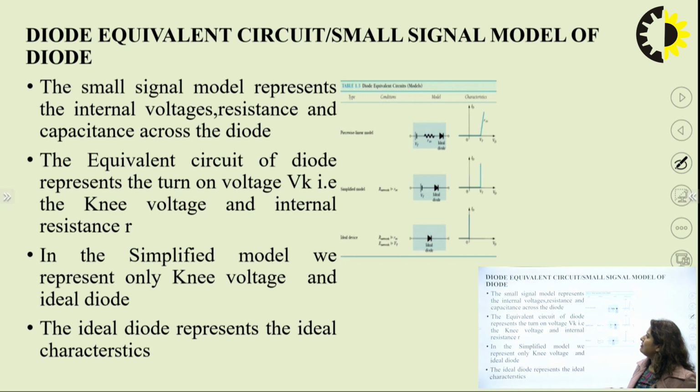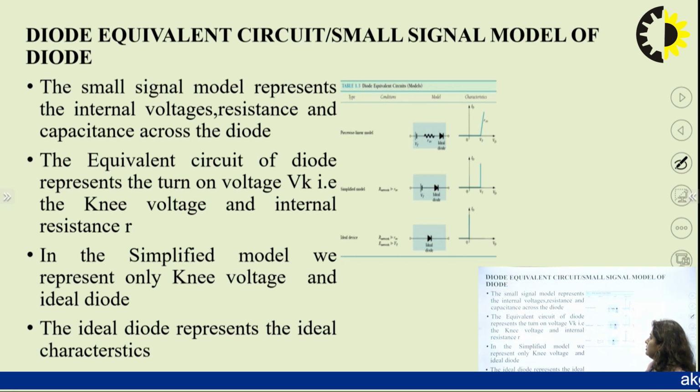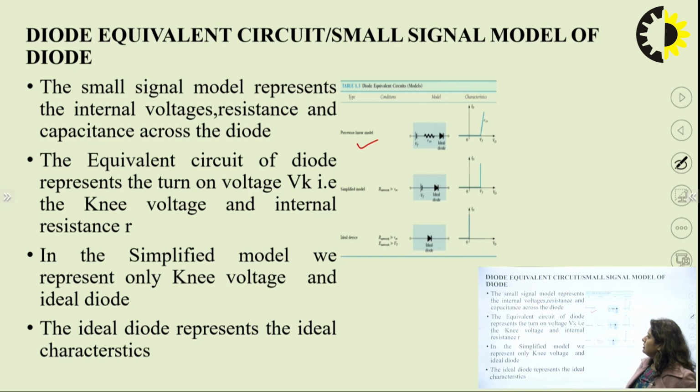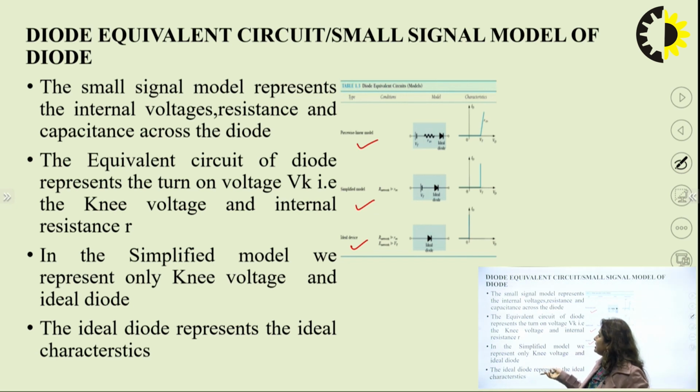Next we have the diode equivalent circuit, which is also called the small signal model of the diode. We can represent the diode in different models: the first is the piecewise linear model, the second is the simplified model, and the third is the ideal device. The small signal model represents the internal voltages, resistances and capacitances across the diode.